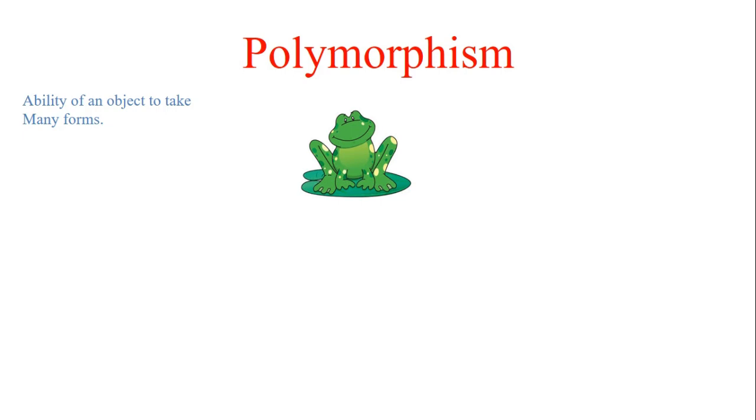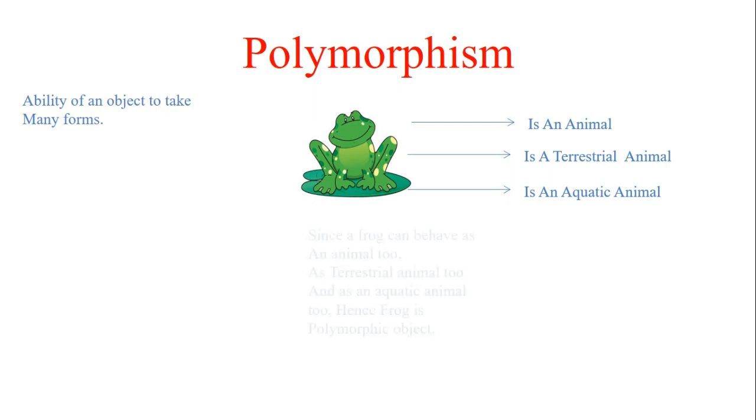Say for example, I have already given you this example. Do you remember a frog, right? So a frog is an animal also. It's a terrestrial animal, it can live on land, and it is an aquatic animal, it can live on water also. It can exist in both land and water. So a frog can behave as a terrestrial animal also, and it can behave as an aquatic animal also, right?